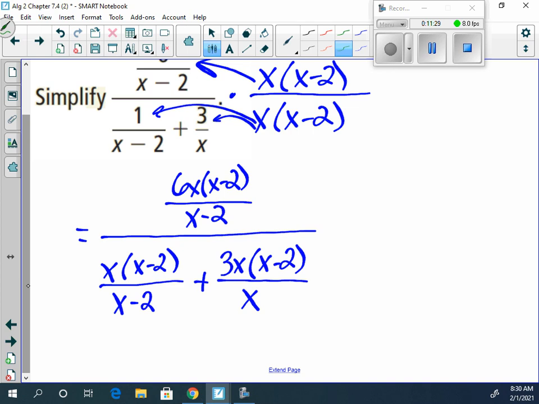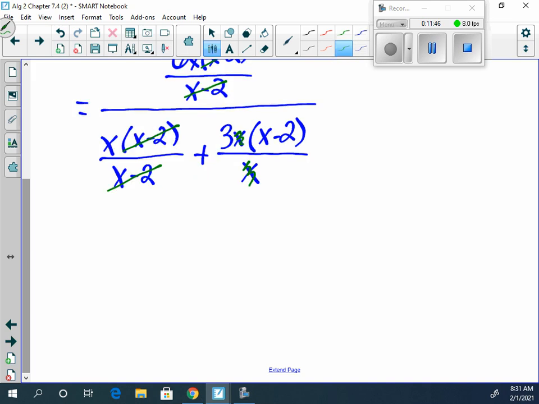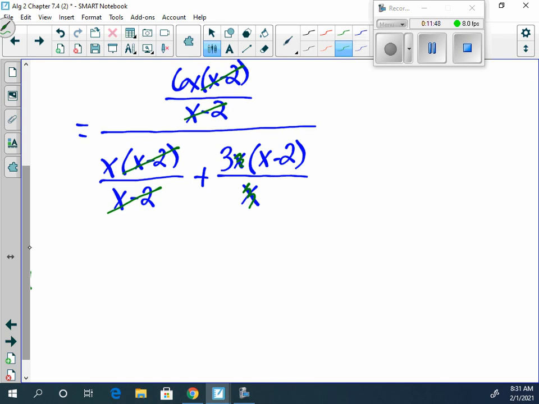Looking at the top fraction, well, what do I have? x minus 2 over x minus 2, yes? These would cancel out. How about on bottom? Well, these would cancel out, yes? And this 1x and this 1x would simplify out, yes? So let's see what I have left over.